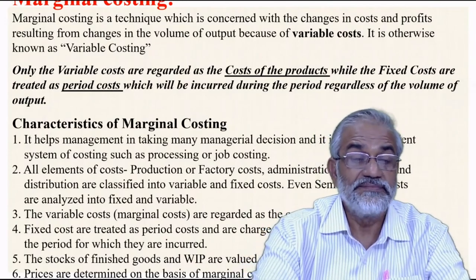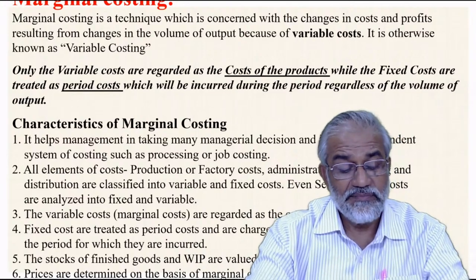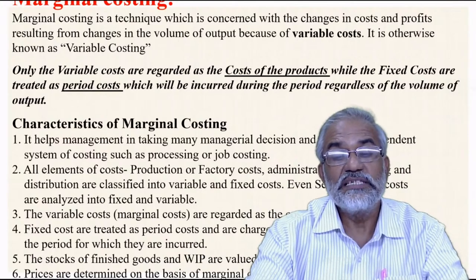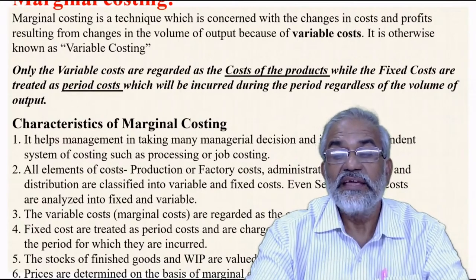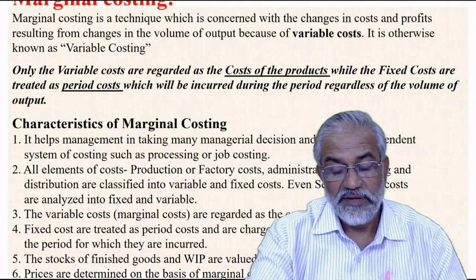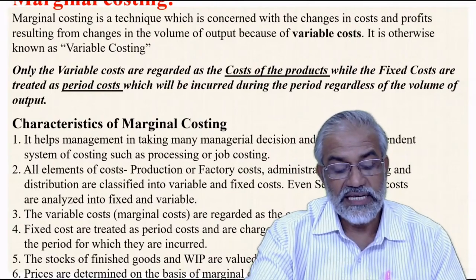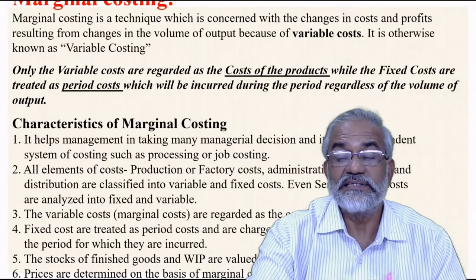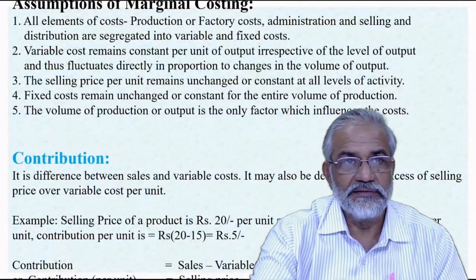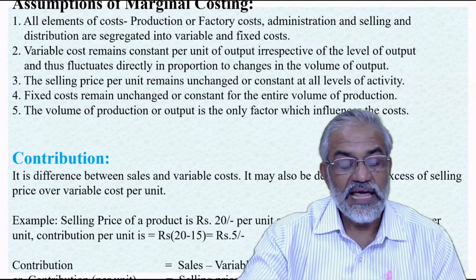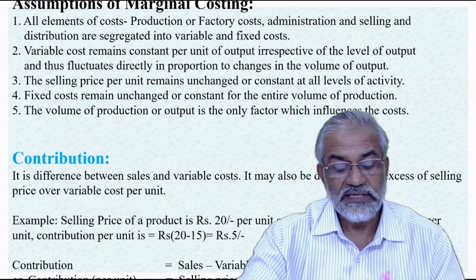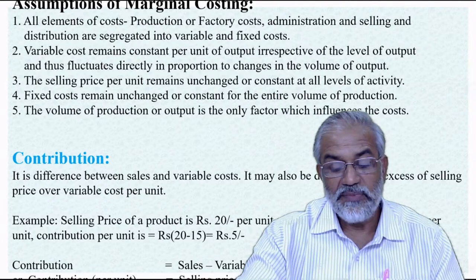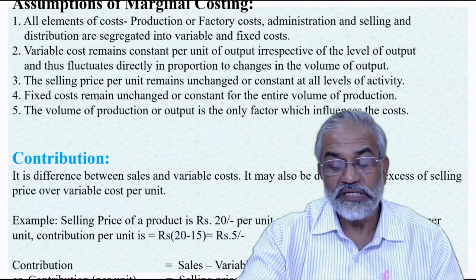their valuation. The sixth characteristic of marginal costing is prices are determined on the basis of marginal cost by adding contribution, which is the excess of sales or selling price over marginal cost of sales. This is the last characteristic of marginal costing, under which the prices are determined on the basis of marginal cost by adding contribution.